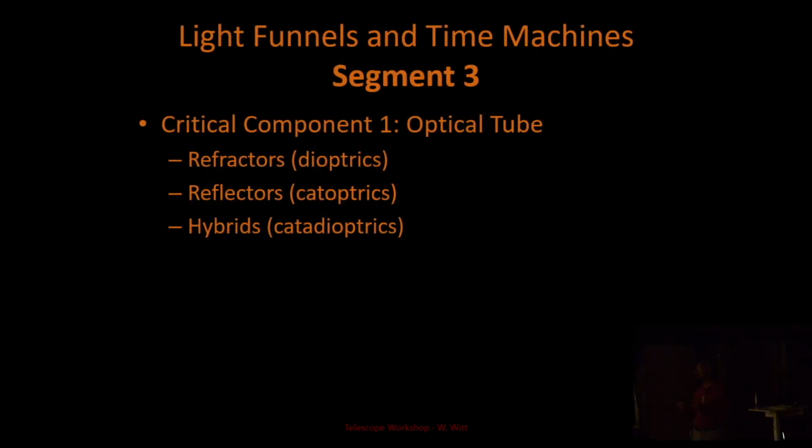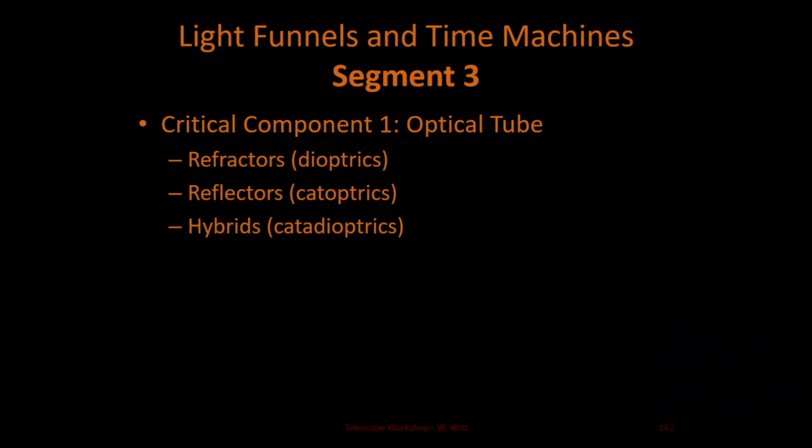All right, so let's get started on the next section. Here we're going to talk about the different types of optical tubes. In the beginning, Wolf was talking about the different components of a telescope, and the most important component that we talked about is the optical tube assembly, the OTA. This is this one. There are many different types of optical tube assemblies.